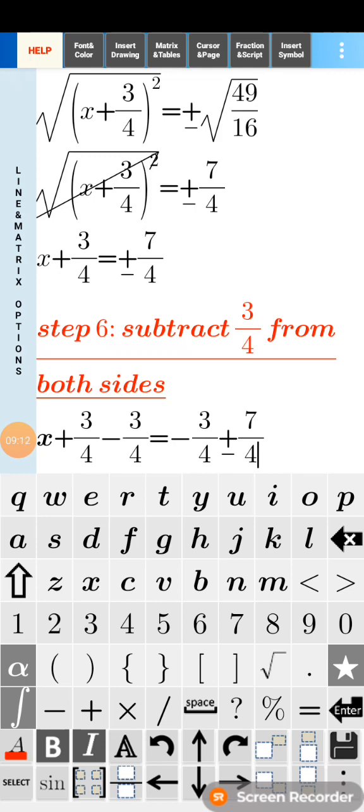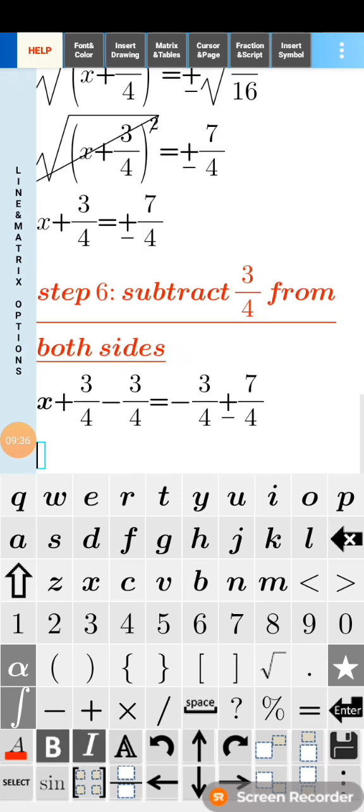Because 7 is in between, because in between 7 over 4 there is a sign plus or minus. So minus 3 over 4 has to come in between the equal sign and the sign plus or minus. So equal to minus 3 over 4 plus or minus 7 over 4. This is the right way to solve this question.